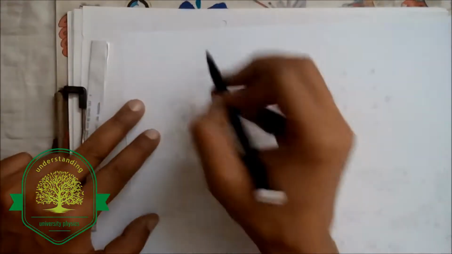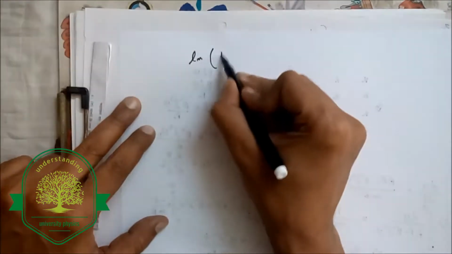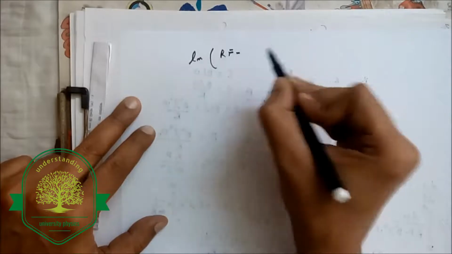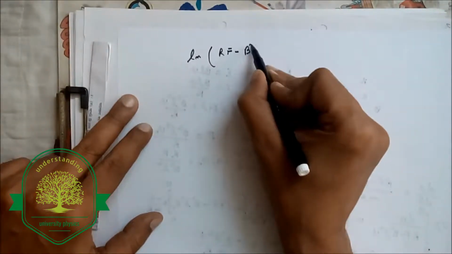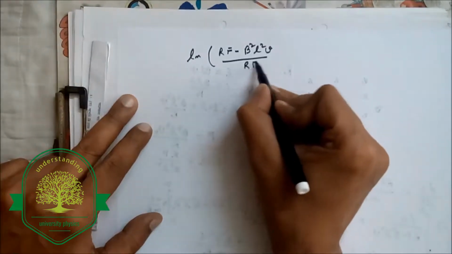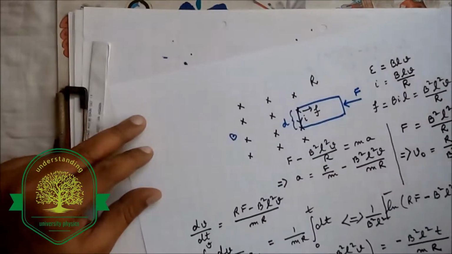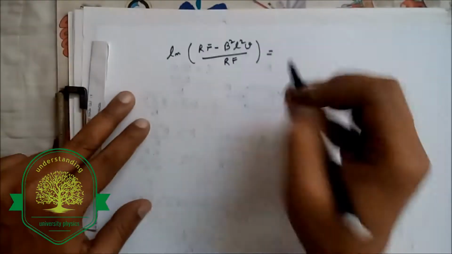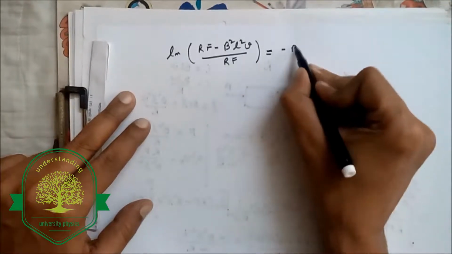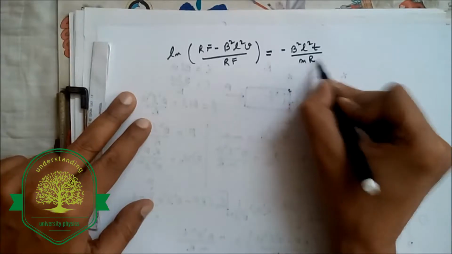I think I'll have to write out that term one more time. So we have log of Rf minus b square L square v by Rf, and that equals what? I think it's minus b square L square t divided by mr.